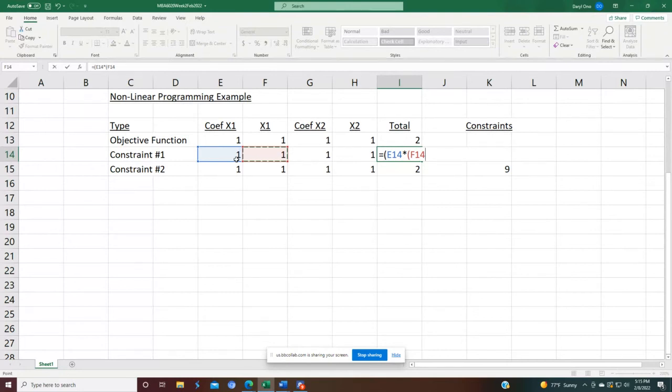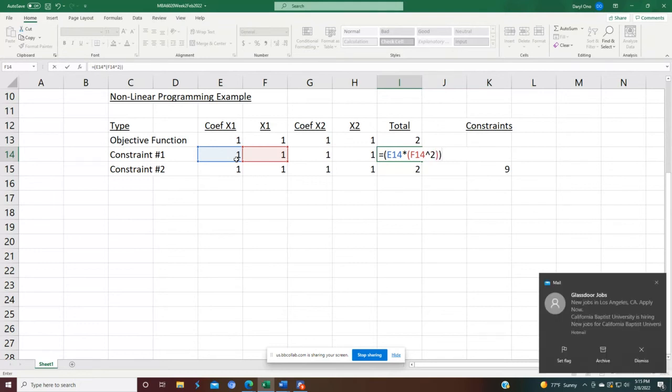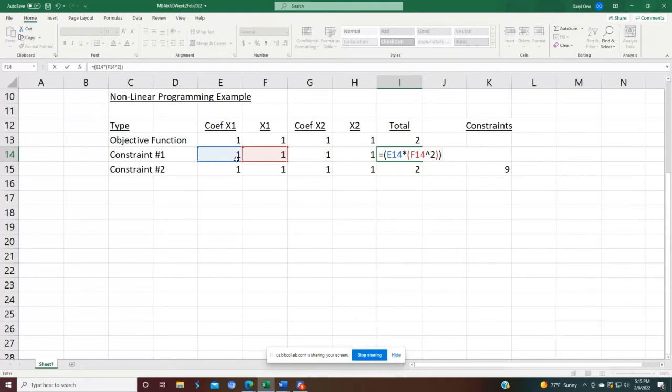Hey, Professor. You need to talk louder. I can't hear you. Oh, can you hear me now? Yeah, better. I was wondering if you can show me what you have as the value for F14, G14, and H14.